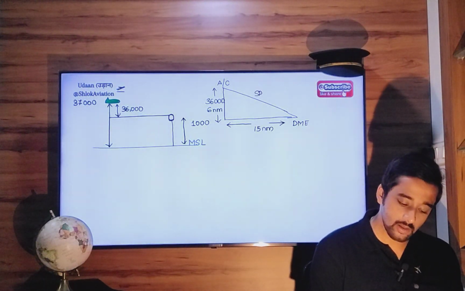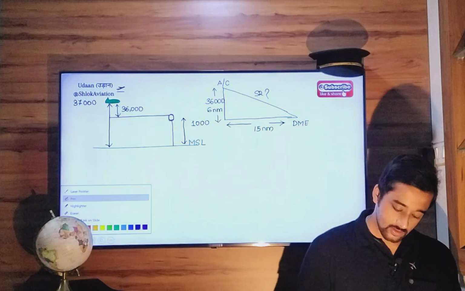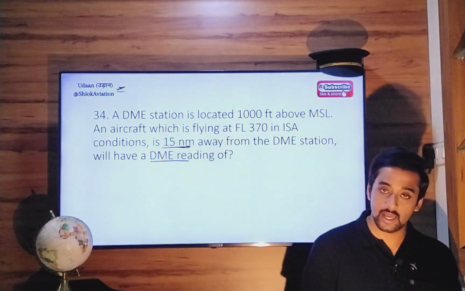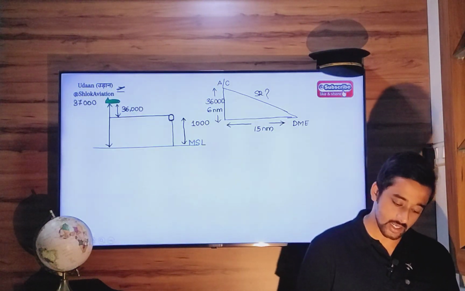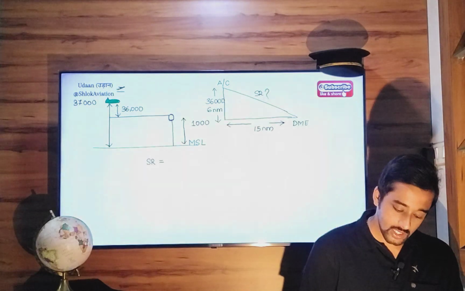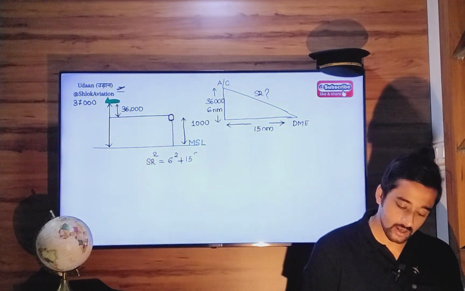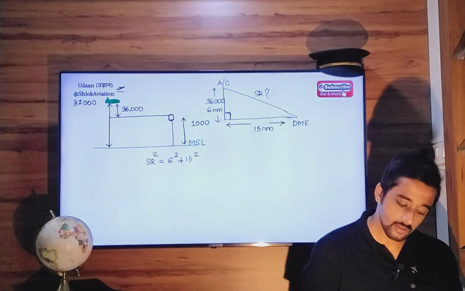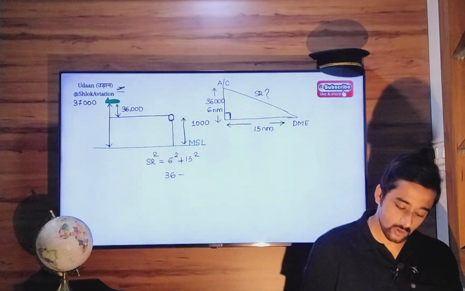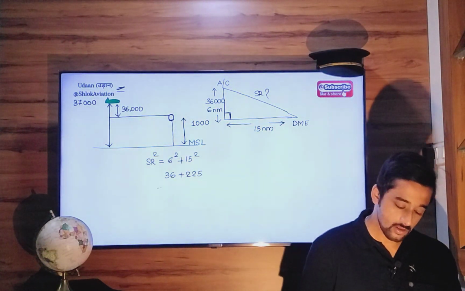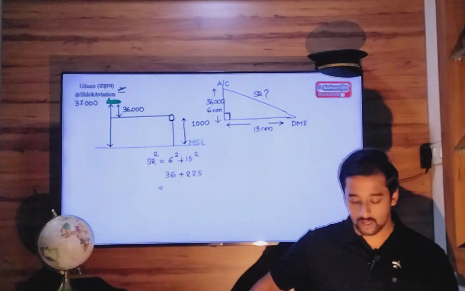So slant range will be how much? Okay, they have to ask us the DME reading. DME reading is nothing but slant range. Slant range will be 6 square plus 15 square. Pythagoras theorem. 36 plus 225.